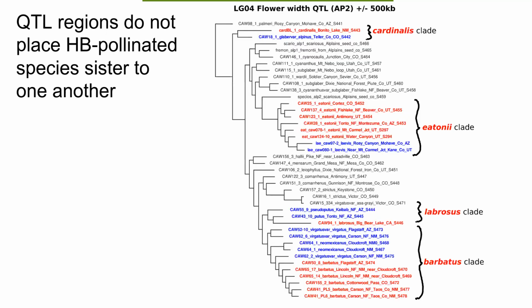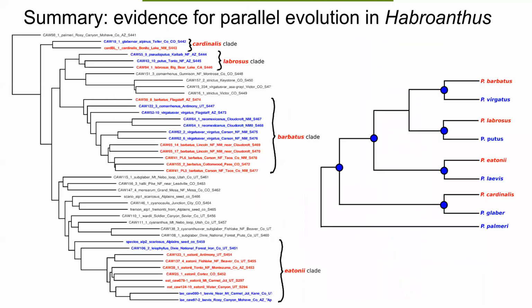And the tree looks very similar for the third QTL as well. They're all still separate and they all still maintain their internal structure, being sister to the same bee pollinated species. So to summarize the evidence we have, I am fairly confident, well, I'm very confident in saying these are 4 independent events of some sort, or at least pseudo-independent events.